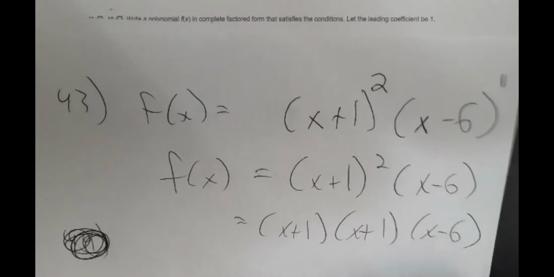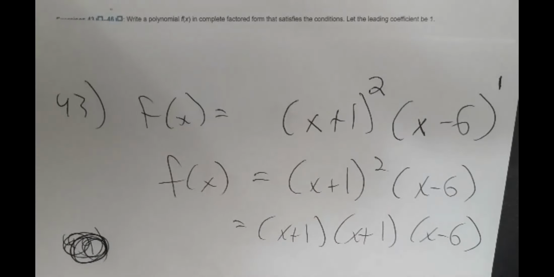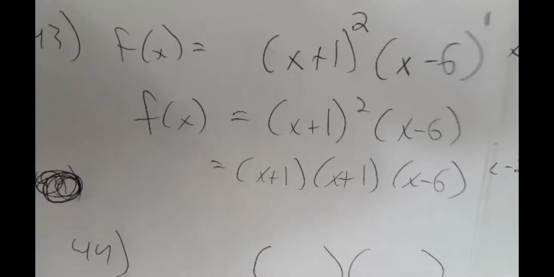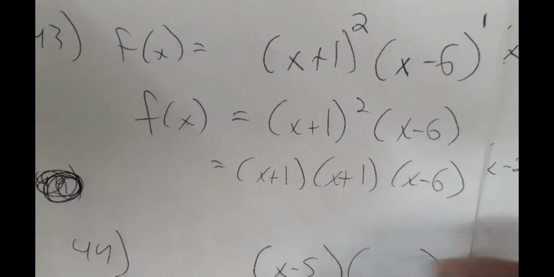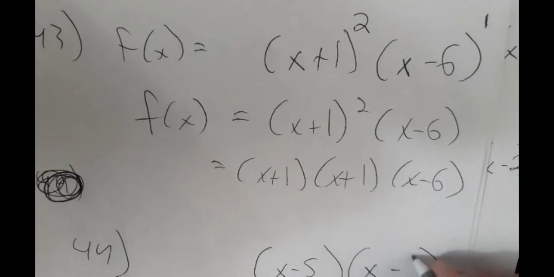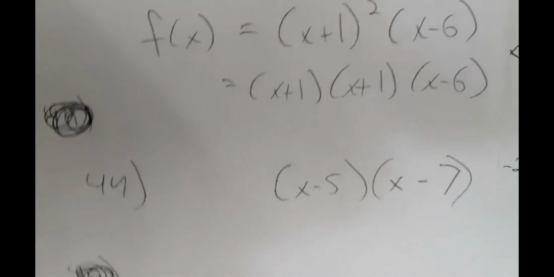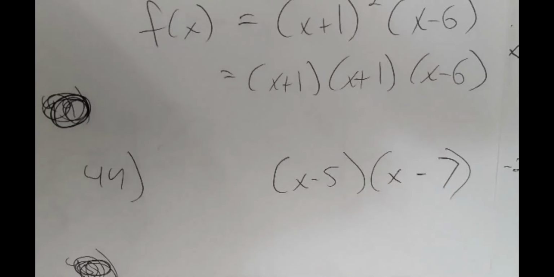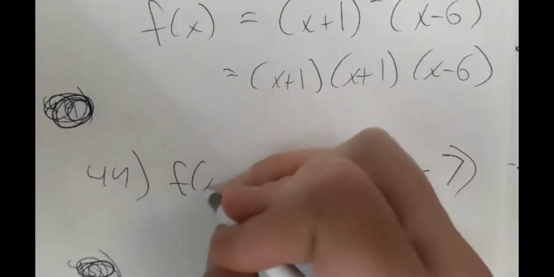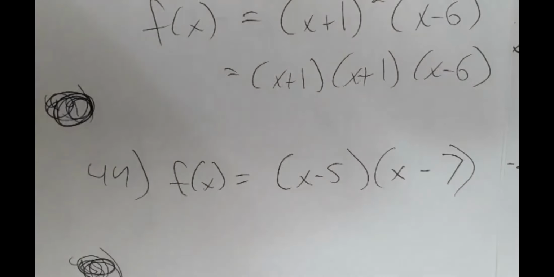So if I got a 0 of 5, what does my factor look like? X minus 5. Yes, x minus 5 is my factor. And the other one says I have a 0 of 7. It looks like this. And it says they both have a multiplicity of 2.